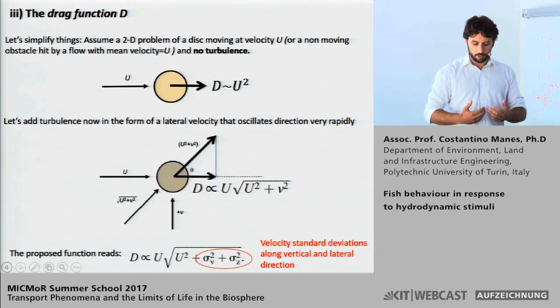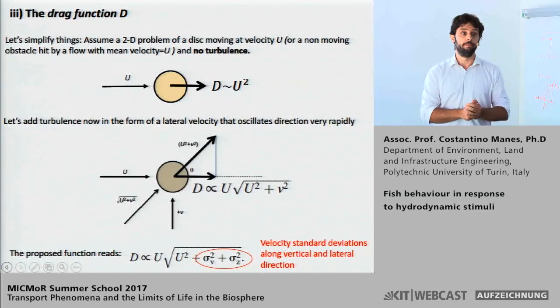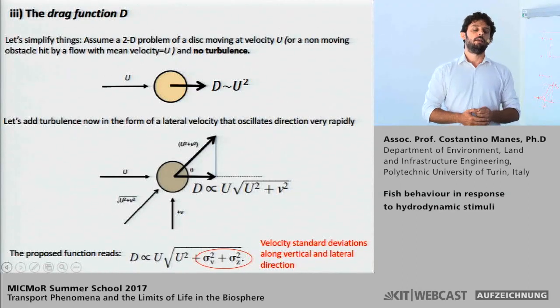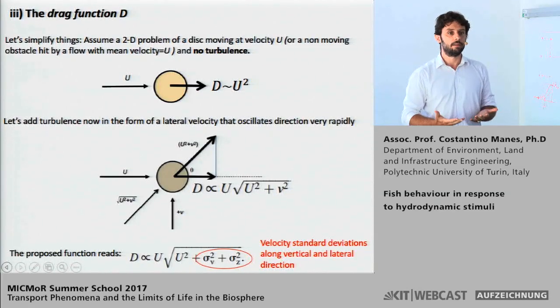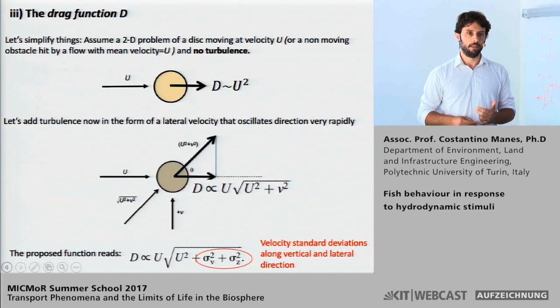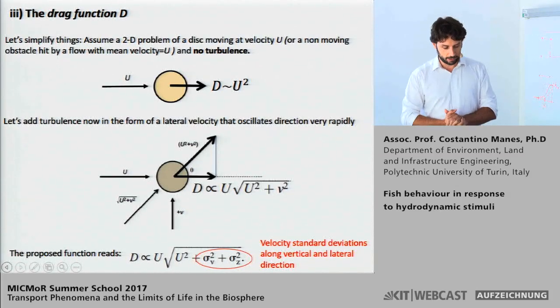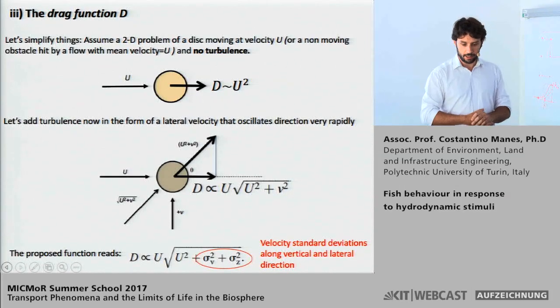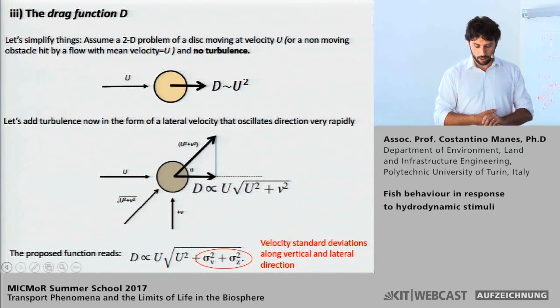The reason why we wanted to put some turbulence in this ad hoc function is that turbulence, in our opinion, destabilizes fish. I mean, there is quite a bit of evidence on that, despite the results by Waldnikor that we have seen. But clearly, it should have an effect.